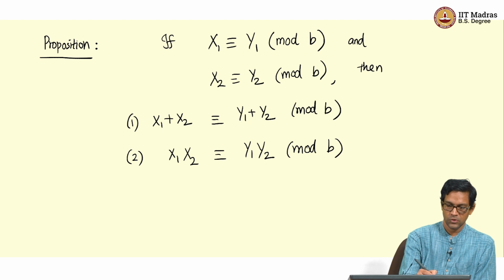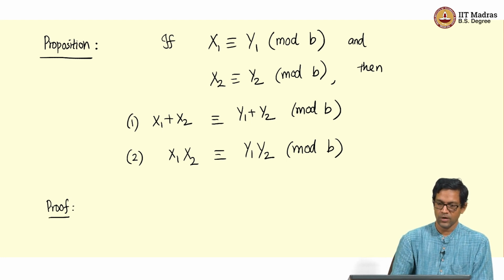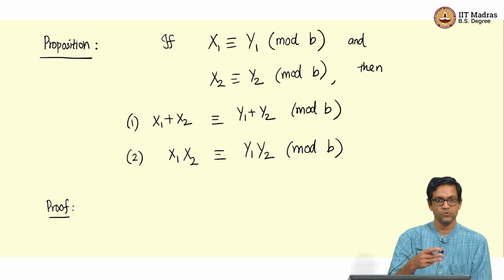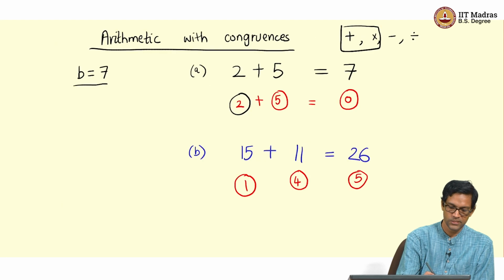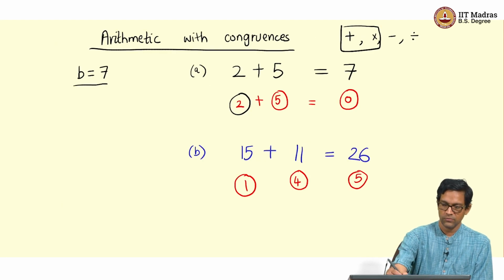Okay. So let's prove this. So what it says is that when you want to calculate the remainder of, say, a sum of two numbers mod b, if you know the two individual remainders, then it is enough to just add them up separately. Okay. So, for instance, we did this in this example here. If our numbers were 15 and 11, we knew what the remainders were mod 7.